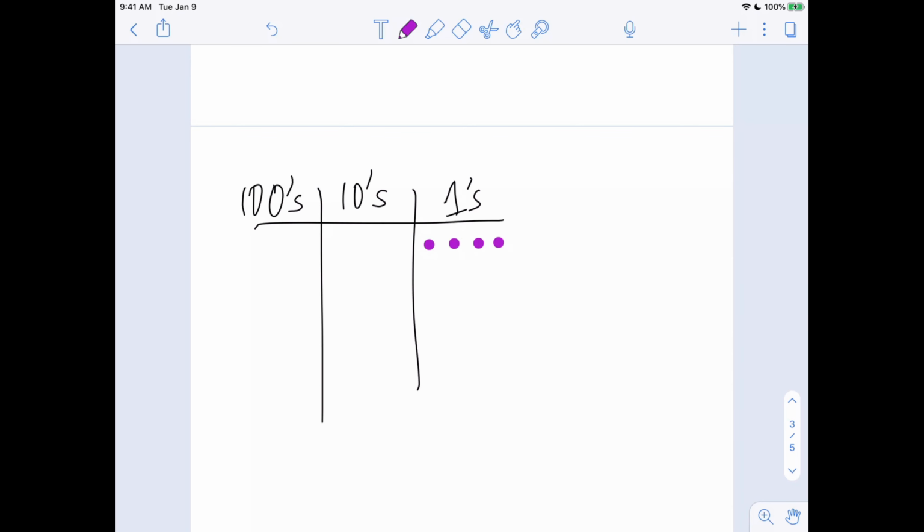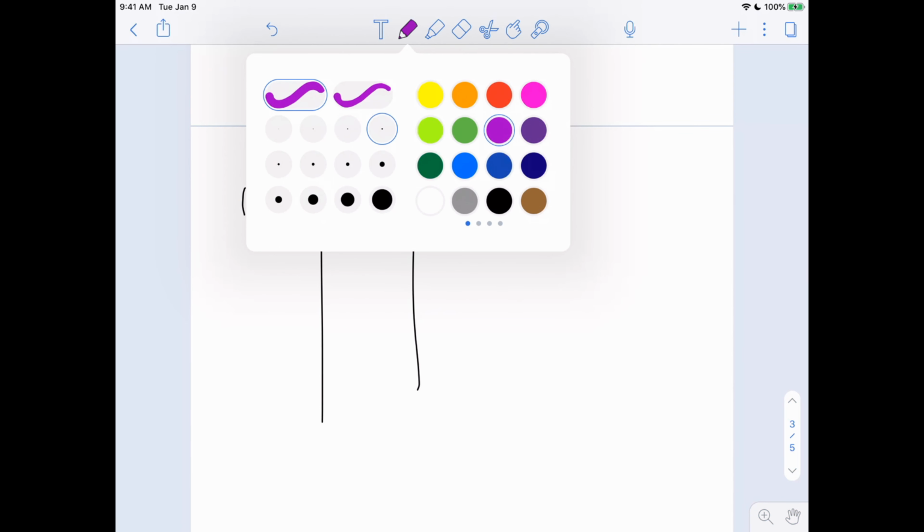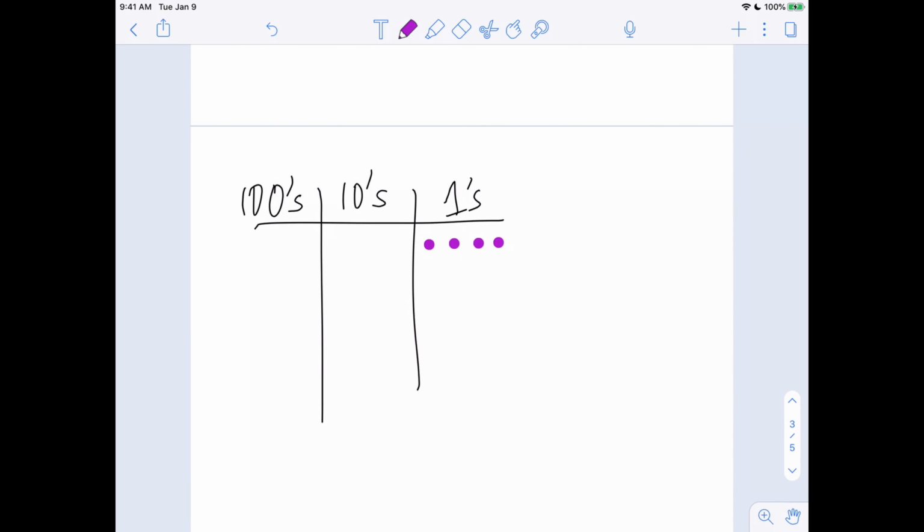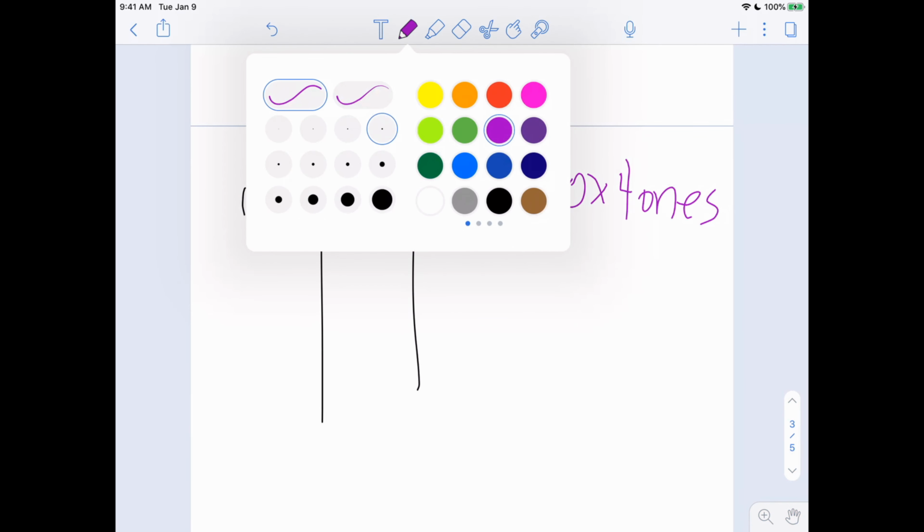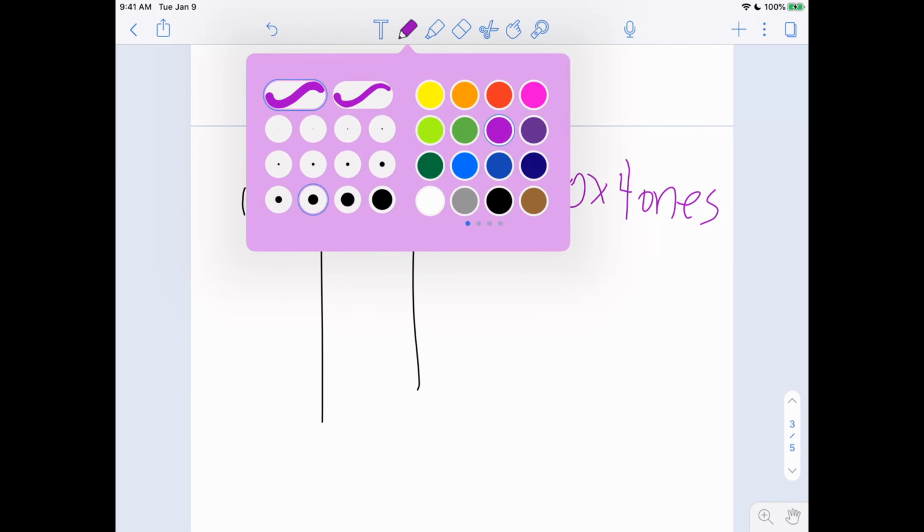And we were going to have 10 copies of those 4 ones. What are we going to end up with if we have 10 copies of 4 ones? Well, let's find out. We're going to use our pen and make 10 copies.